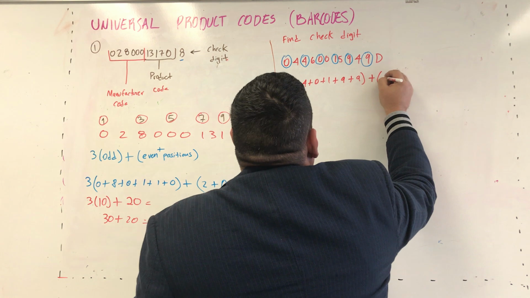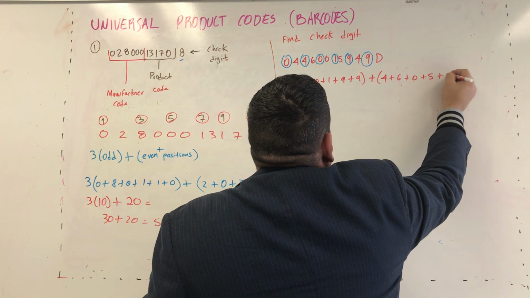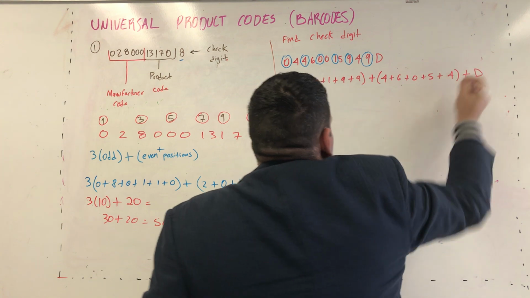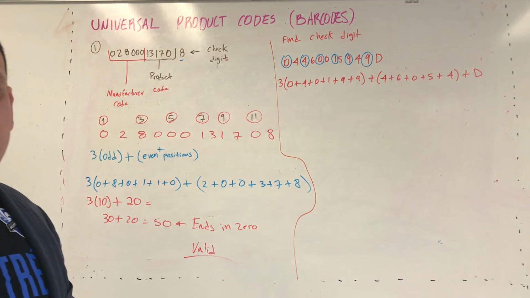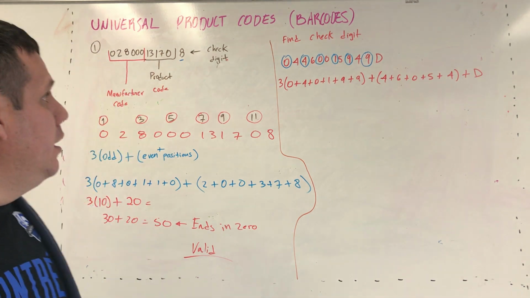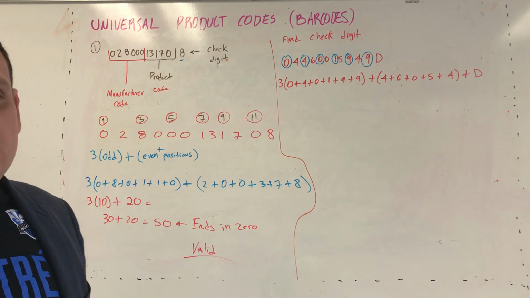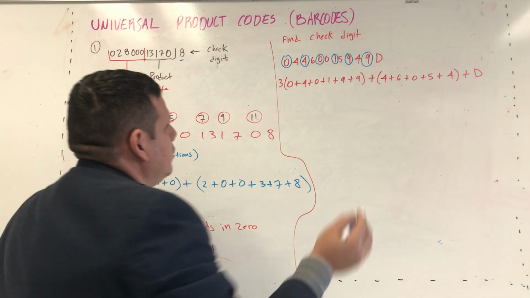So I need to add 4, 6, 0, 5, 4, and then the D. The letter D stands for the check digit, which is the number in position 12. So let's make the addition.